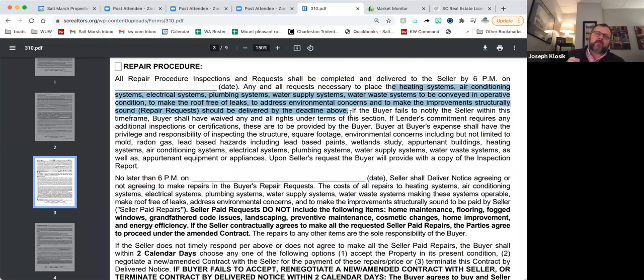So if the heating and air conditioning systems, which does include the fireplace, yes, includes the fireplace, if the heating, electricity, plumbing, water supply, water waste are all in operable condition, the roof is not leaking, the roof can be 130 years old. If it is not leaking, if there are no environmental concerns and there are no structural concerns, the seller, per this part of the contract, has absolutely no obligation to lift a finger to change the condition of the home.